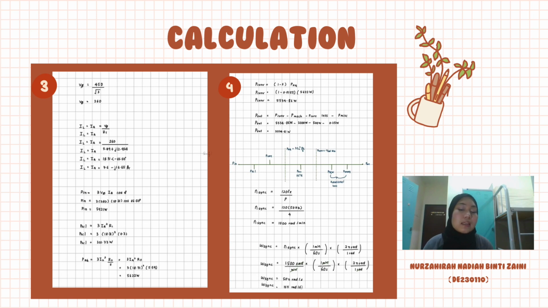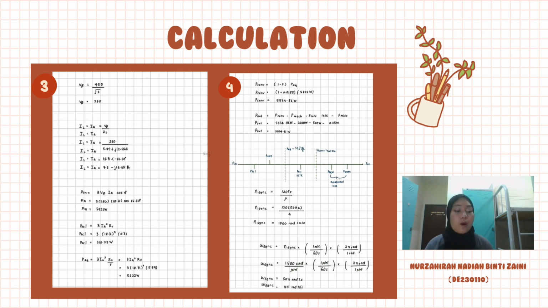So we get the value of P in is 59211. Next, we need to find the PSCL. The formula of PSCL is 3 multiply IA squared multiply R1. So we get the answer for the PSCL is 301.73 watt.